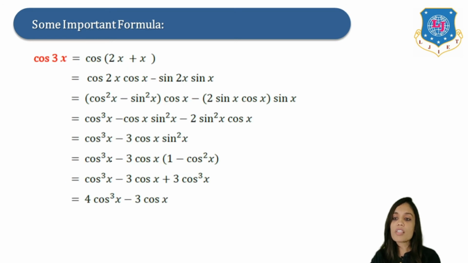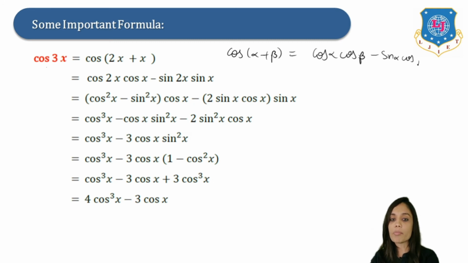Okay. Similarly, you can find the formula of cos 3x using the formula of cos alpha plus beta, right? That will be equal to cos alpha cos beta minus sin alpha sin beta. So put your alpha as 2x, beta as x, right? So you will get cos 2x cos x minus sin 2x sin x.